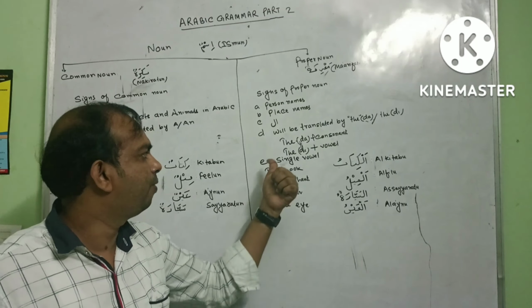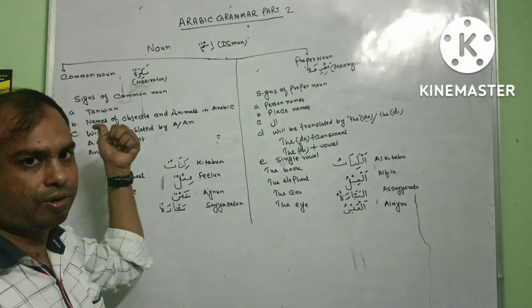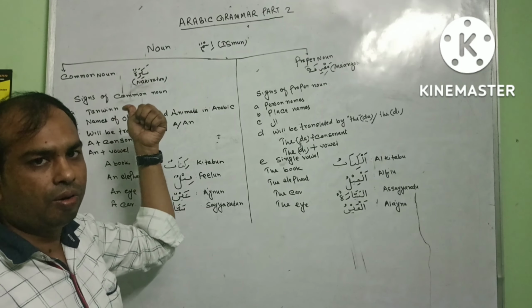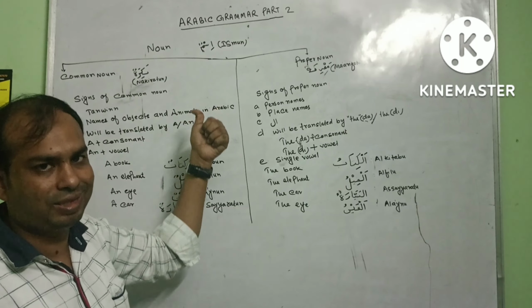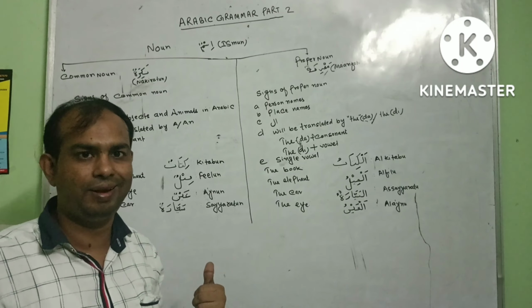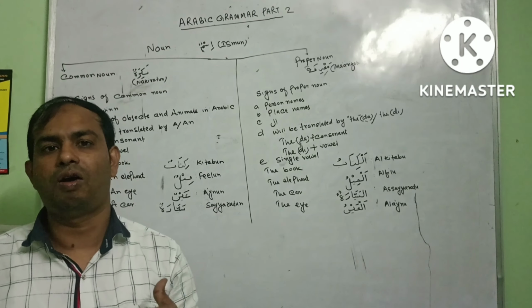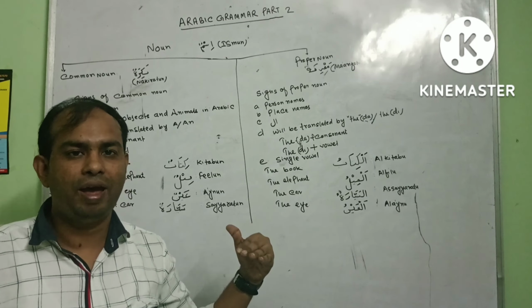The fifth sign of a proper noun is single vowel. As we were talking about common noun, a common noun will get tanween: double damma, double fatha, double kasra. But when damma single, fatha single, and kasra single, these are called single vowels.